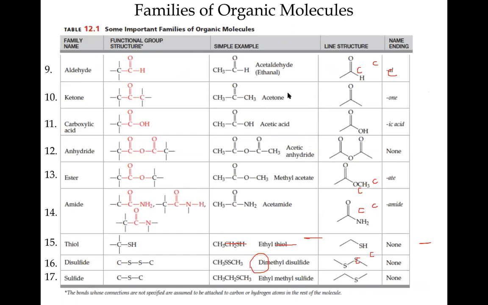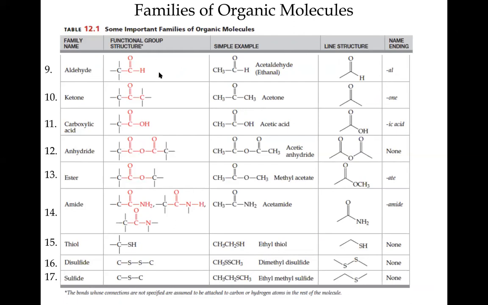And again, this is why some people don't like OChem, because there's memorization. 9 is aldehyde. So aldehyde is a carbon with a double bond to oxygen and then a hydrogen. So ethanol, al is the suffix. So like Paul Simon says, I can call you Betty, and Betty, if you call me, you can call me Al.